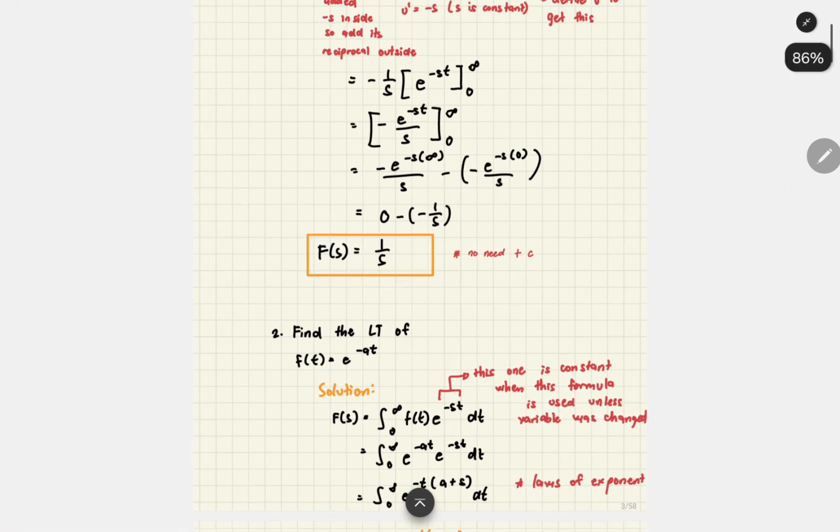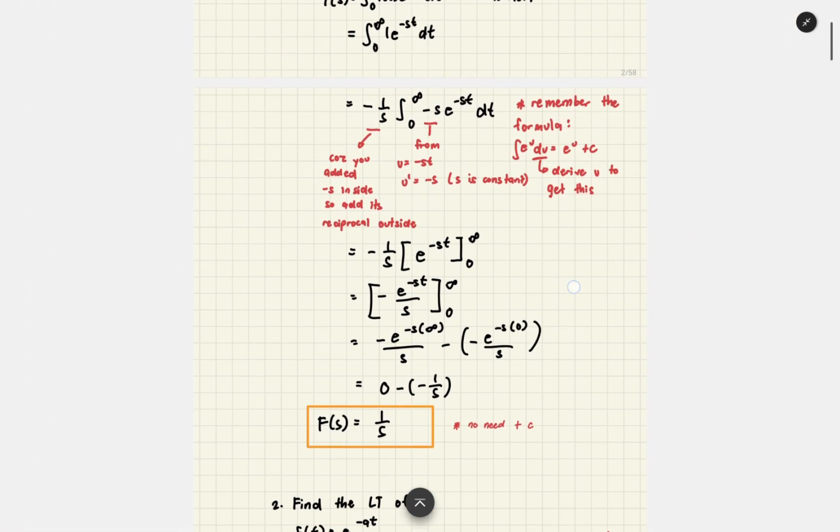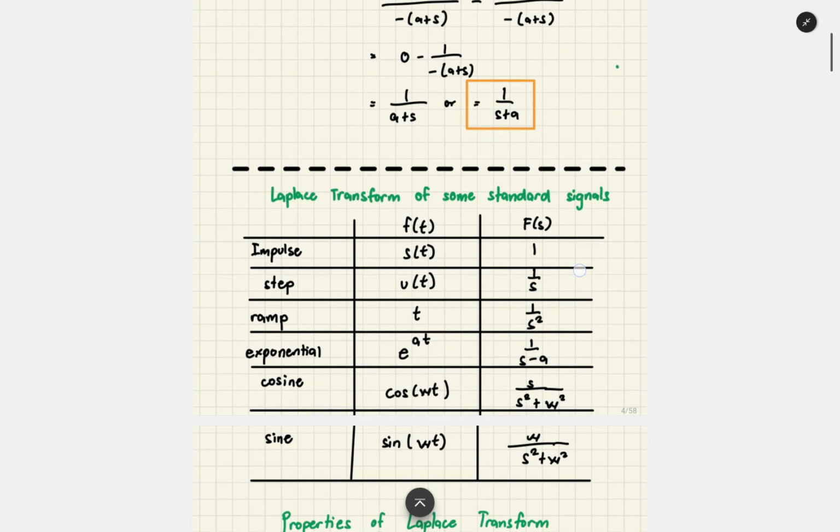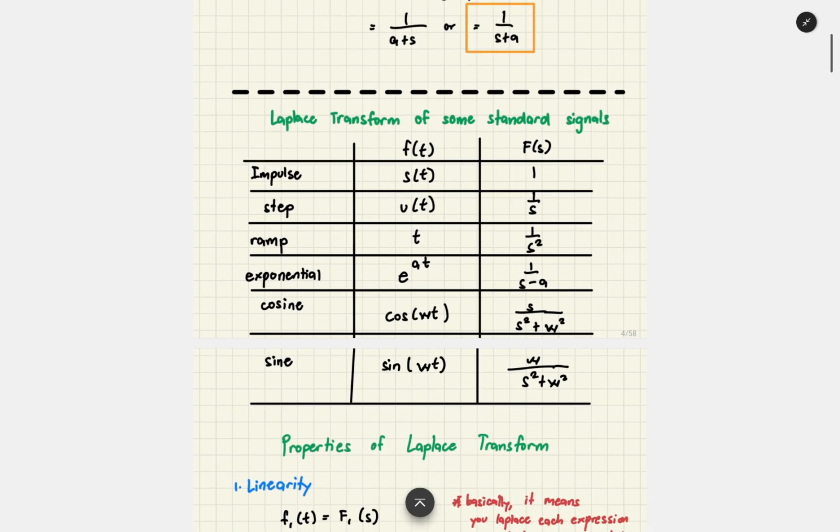Now, all of these are actually already defined as the Laplace transforms of some standard signals. We have a whole table of Laplace transforms, and all we have to do is just memorize them.